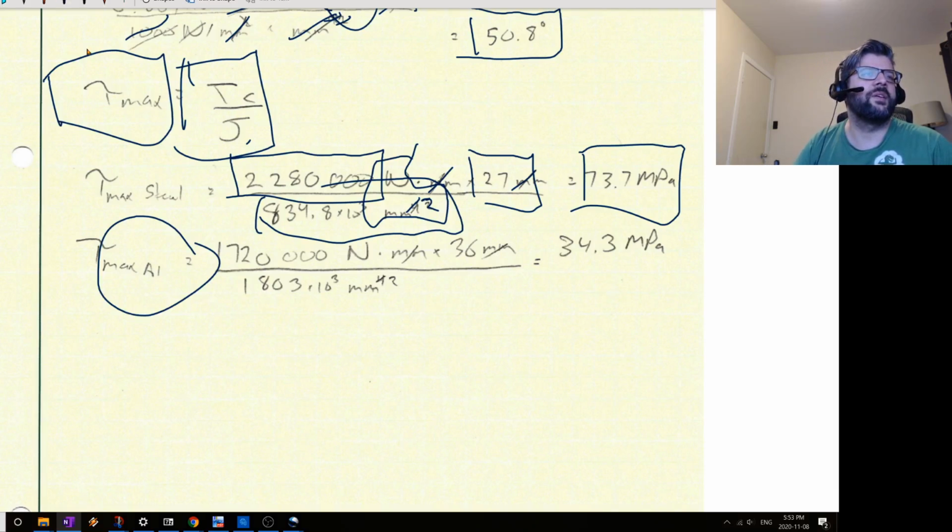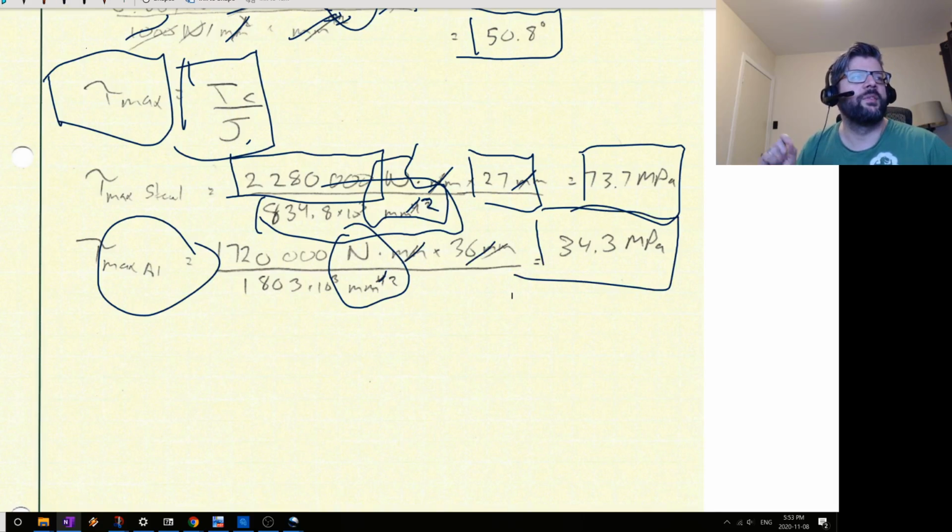Everything cancels out nicely to newtons per millimeter squared. And there we go, 34.3 megapascals. And that's how you do those composite torsion problems.